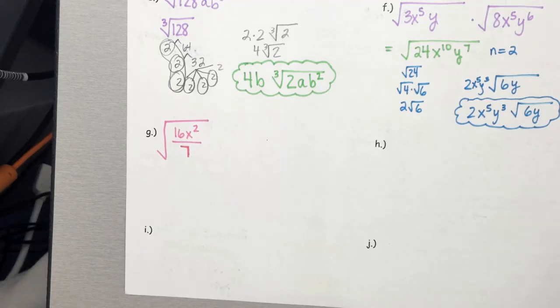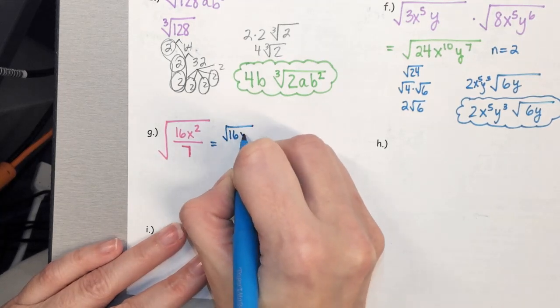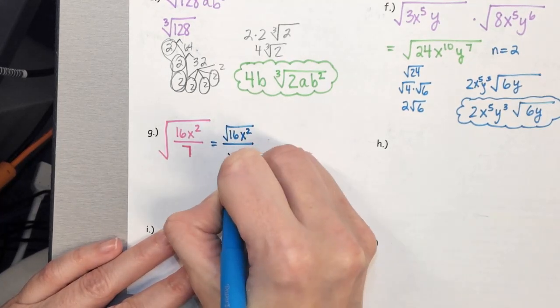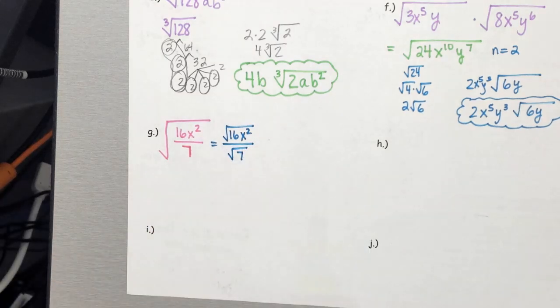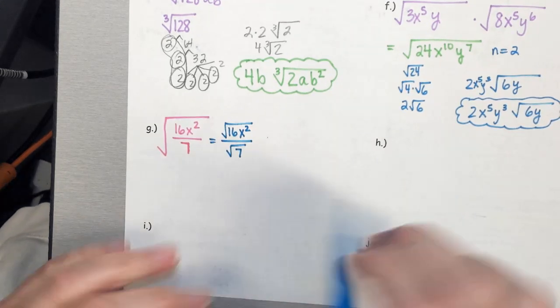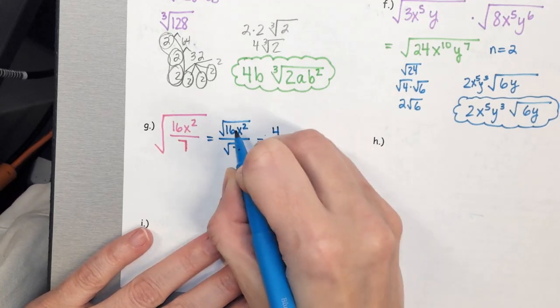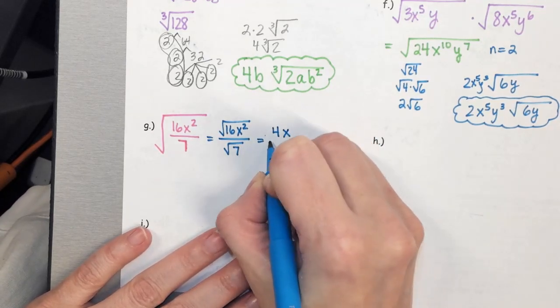Earlier today we talked about if you have a fraction, you can split this up into the square root of the numerator over the square root of the denominator. Now you are going to want to simplify where you can. So we're going to break it up into the square root of the top over the square root of the bottom. What can we simplify in the numerator? What's the square root of 16? 4, and then the square root of x squared, x.